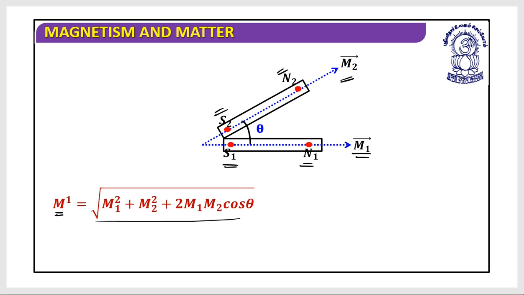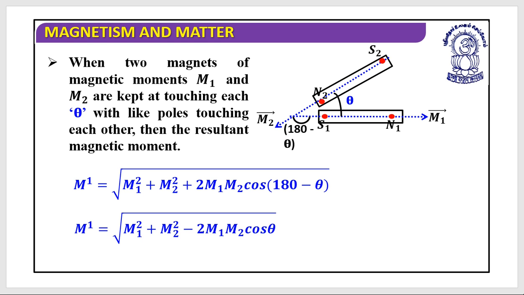Great. Next, let's suppose the case is when two magnets of magnetic moments m1 and m2 are kept touching each other with an angle theta, with like poles touching each other, then the resultant magnetic moment.